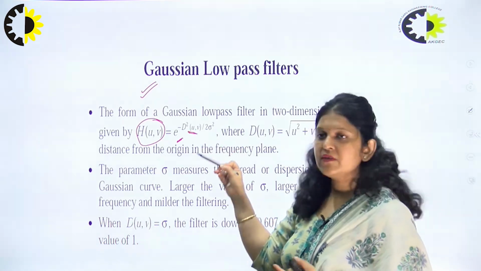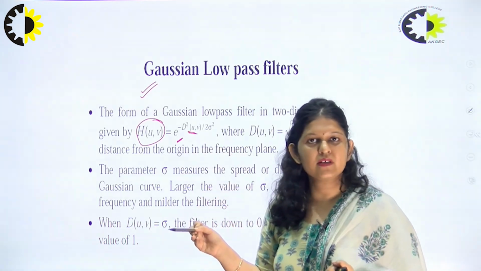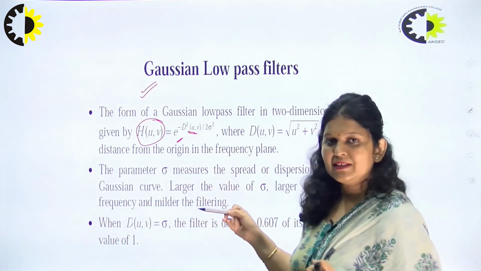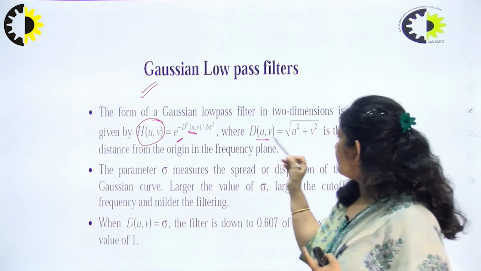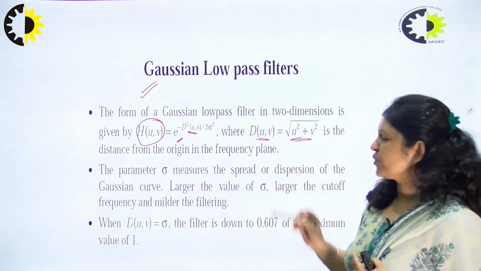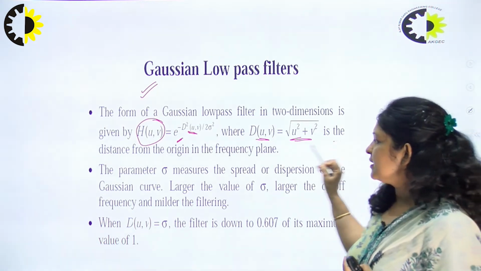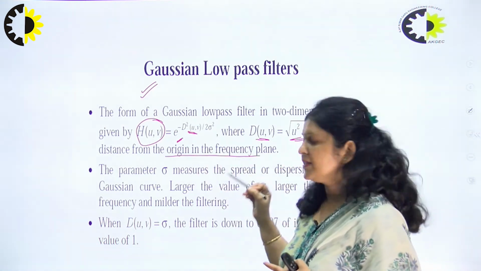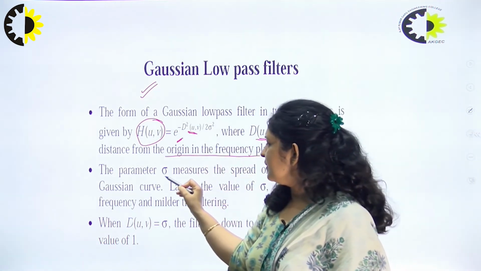D of u comma v, we know, is the distance of the frequency component from the center, where D of u comma v is under root u squared plus v squared, the distance from the origin in the frequency plane. Then the parameter sigma.